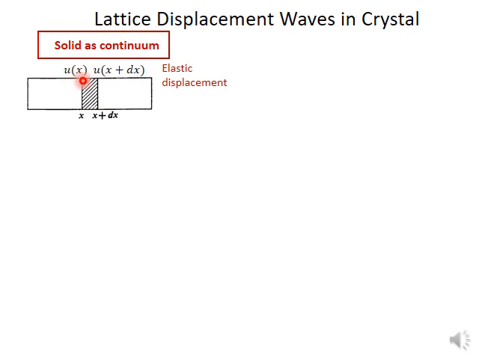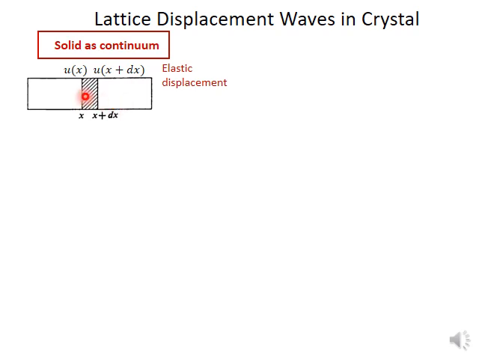So this can be either compression or refraction of this element. And we looked at, if you have an elastic wave, it would mean that you have an elastic displacement which is position dependent. There might be displacement here, but there might not be displacement in the neighboring element.